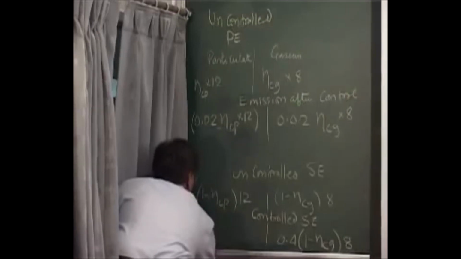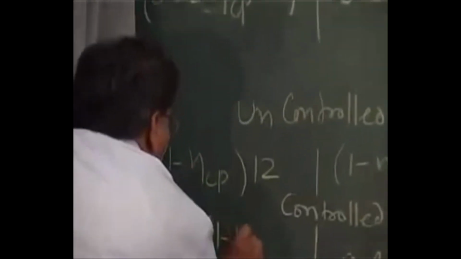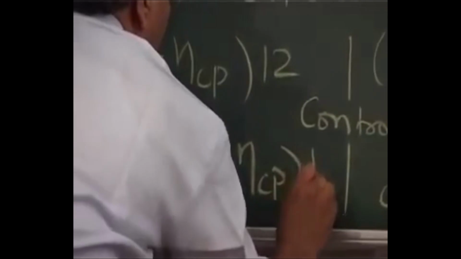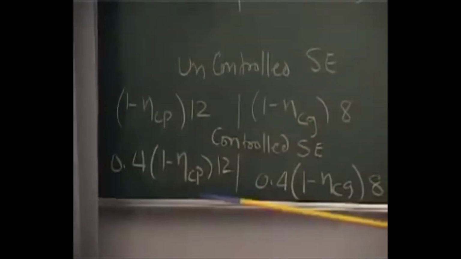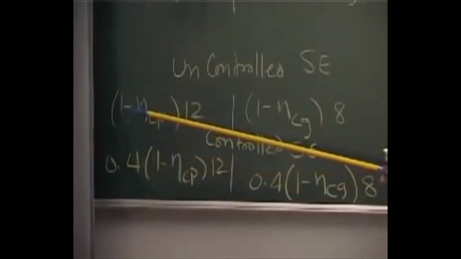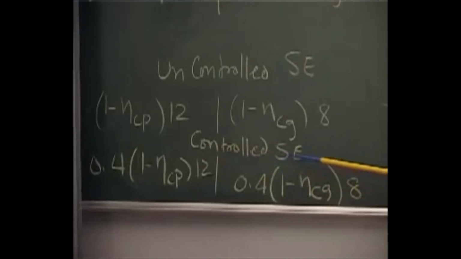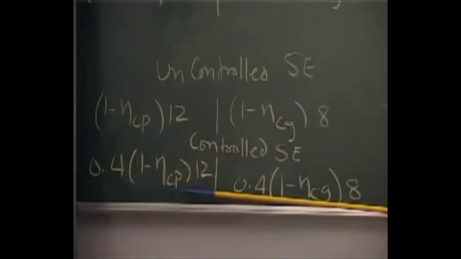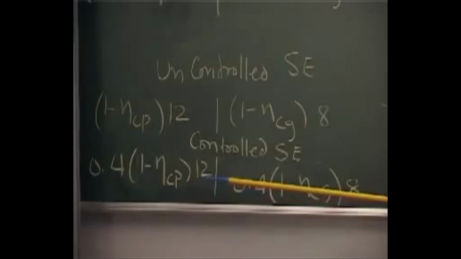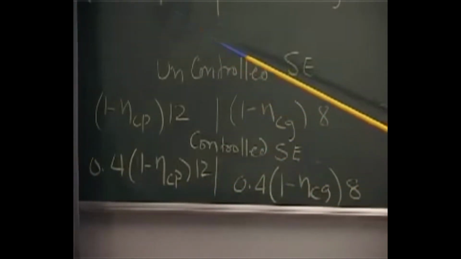So 0.4. I leave you to see this one now. Again 60% is removed, so 40% we are talking about controlled secondary emissions. So much are emissions still going to atmosphere, particulate and gaseous. In primary, particulate and gaseous.